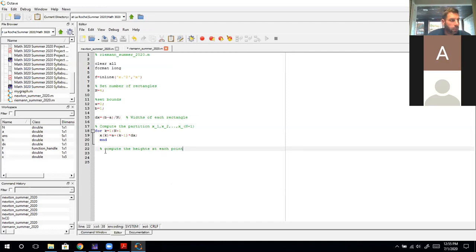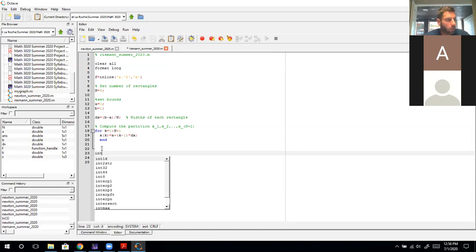What we can do is just compute the sum. So what is the sum? Well, our integral is approximately, what is it? Well, it's delta x. Remember, it's the width, so it's dx times the sum of the heights. Now, that means I just say sum f of x.